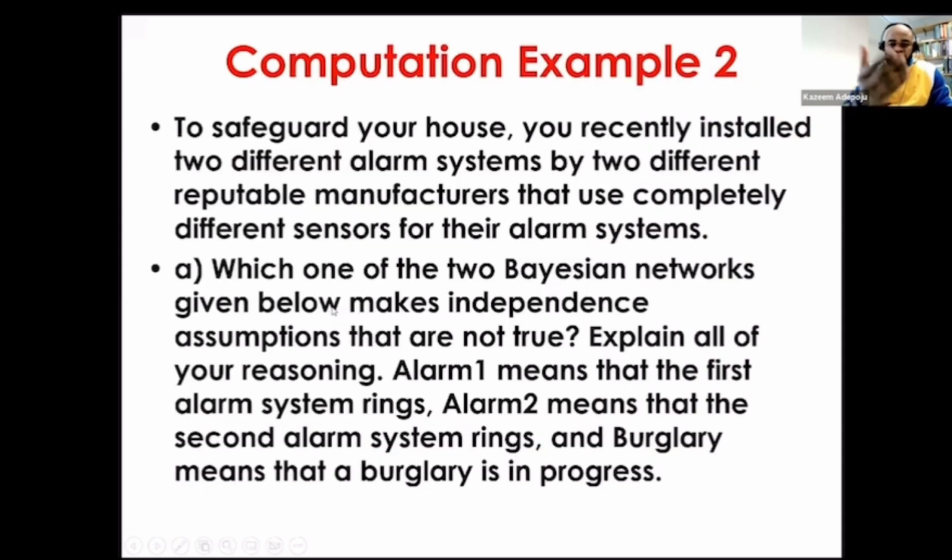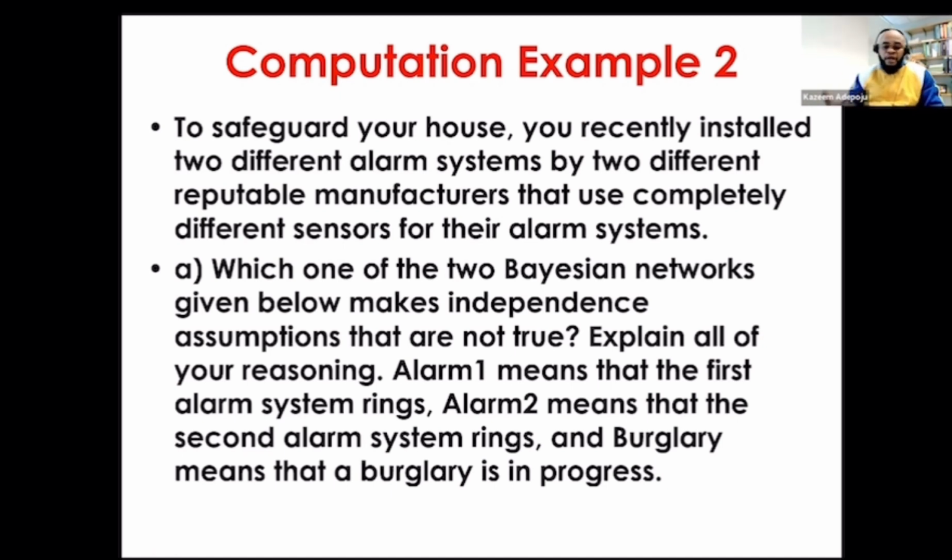To safeguard your house, you recently installed two different alarm systems, alarm 1 and alarm 2, by two reputable manufacturers that use completely different sensors. Which one of the two Bayesian networks given below makes independent assumptions that are not true? Explain all of your reasons.